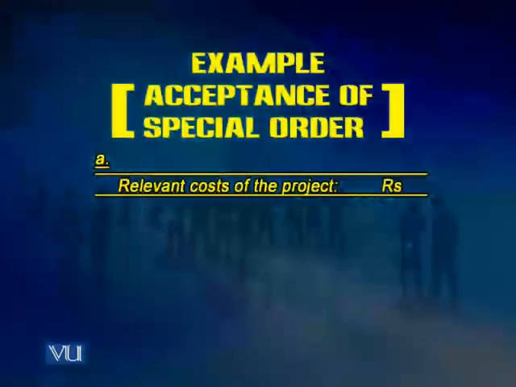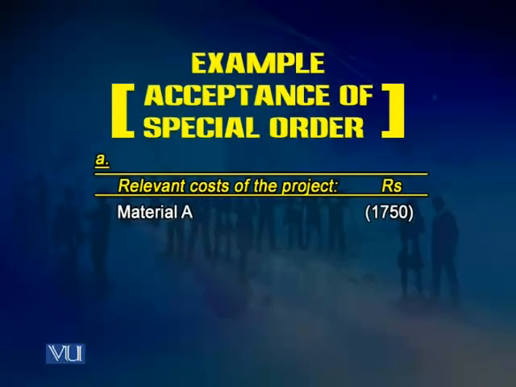So first, let's look at the relevant costs of the project. Material A, the cost is a negative 1750. This was the cost of disposal of the material where the material had no alternative use, and by using this material in this project we are going to save the cost of disposal of 1750.